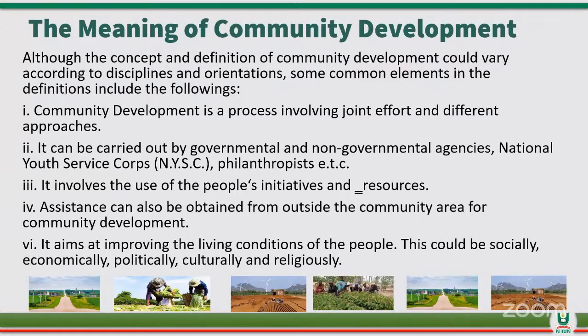Three, it involves the use of the people's initiative and resources. Number four, assistance can also be obtained from outside the community area for community development. And then number five, it aims at improving the living condition of the people. This could be socially, economically, politically, culturally, and religiously.